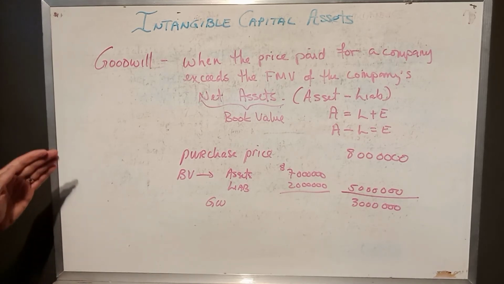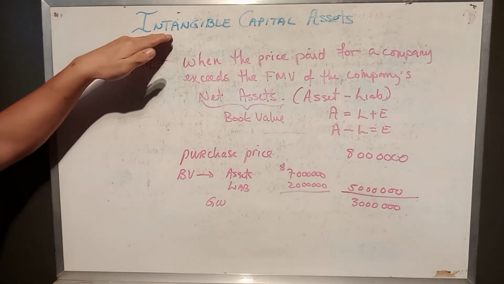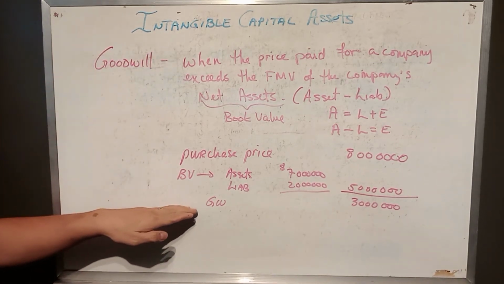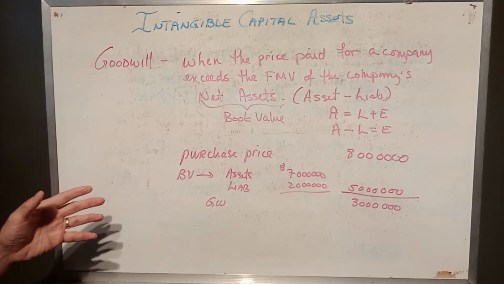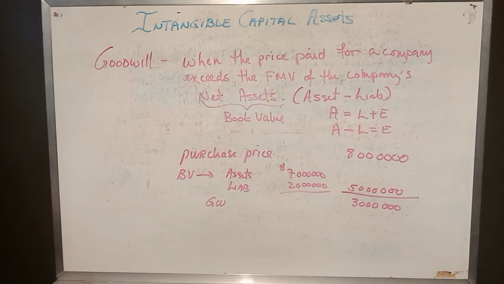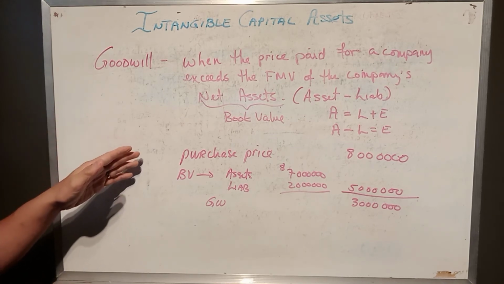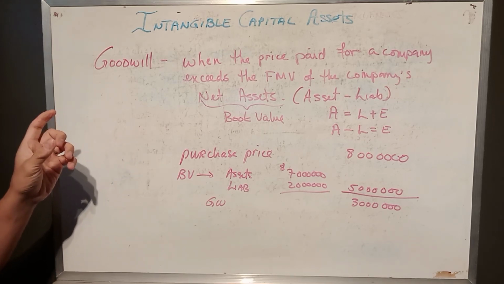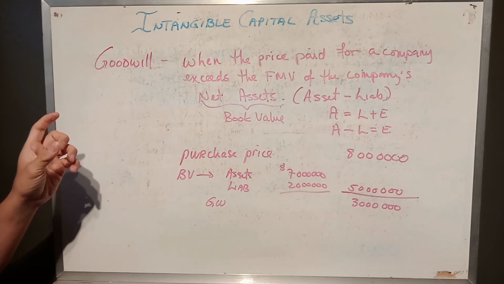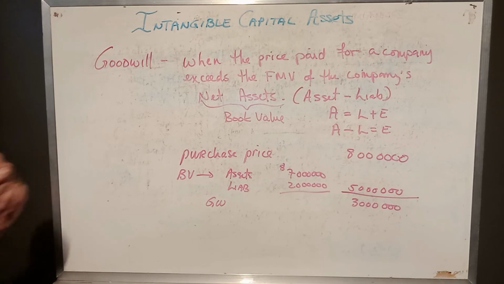So goodwill is not amortized. Unlike the other intangible capital assets, goodwill is not amortized, but rather there's what we call a test for goodwill impairment, and it tends to be done by management. Impairment results when the current value of the goodwill, meaning the fair value of the company less the fair value of the net assets, is less than the carrying value of the goodwill.